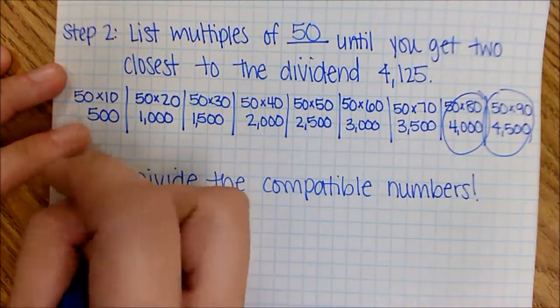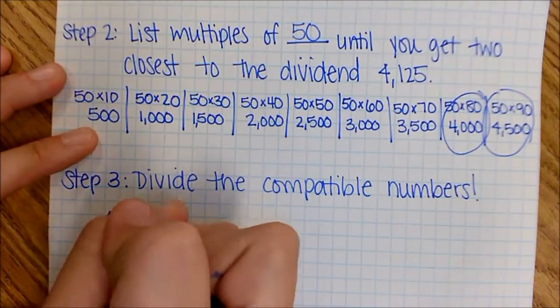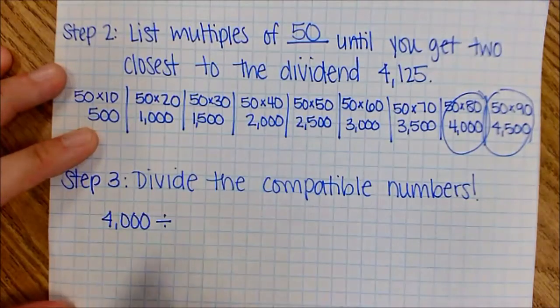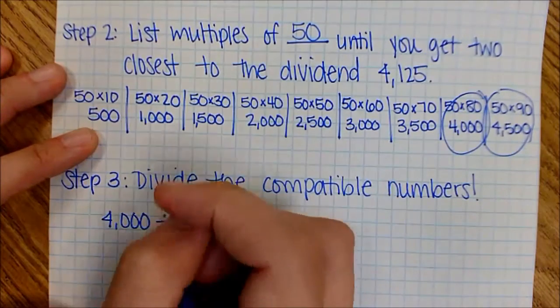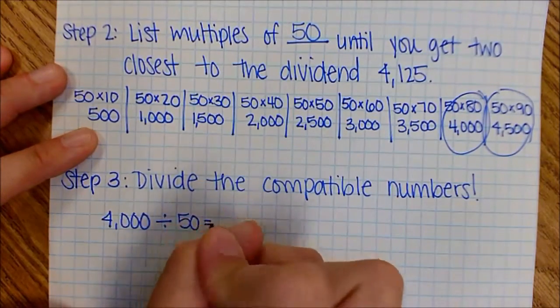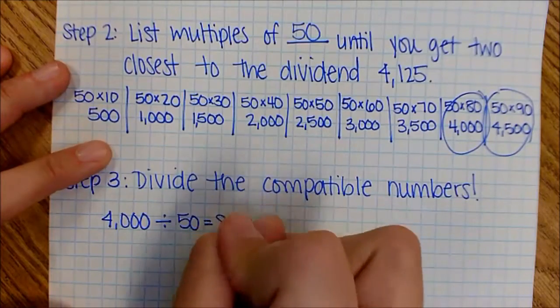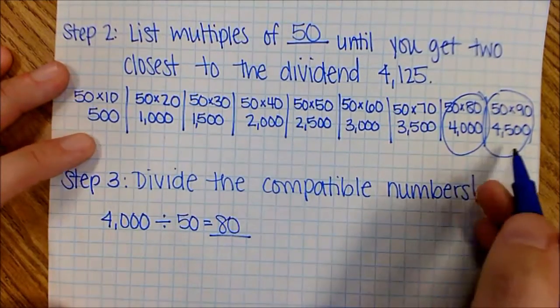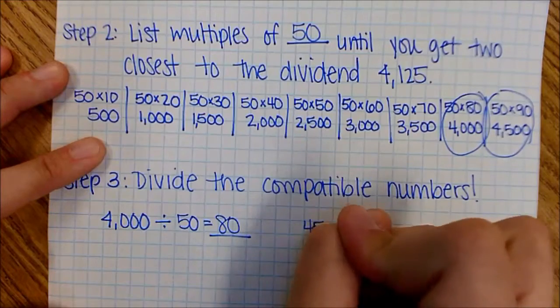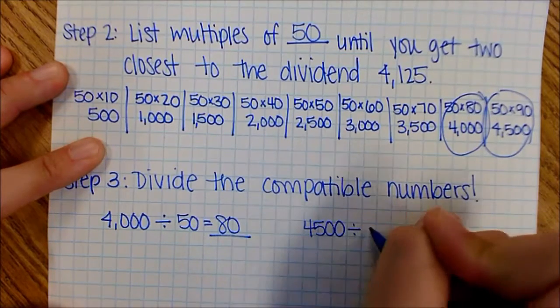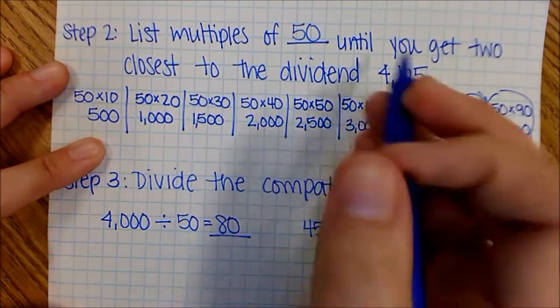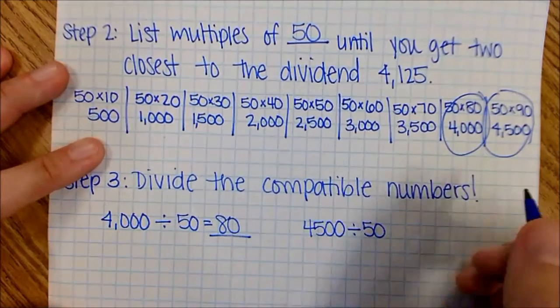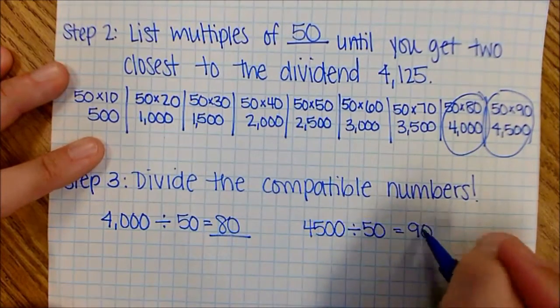I'm going to start with the first one. 4,000 divided by, and I know my divisor is going to be 50, so 4,000 divided by 50, and that gives me 80. Then let's try the other one. 4,500 divided by 50, because 50 was my divisor, I said, when I rounded, and that gives me 90.